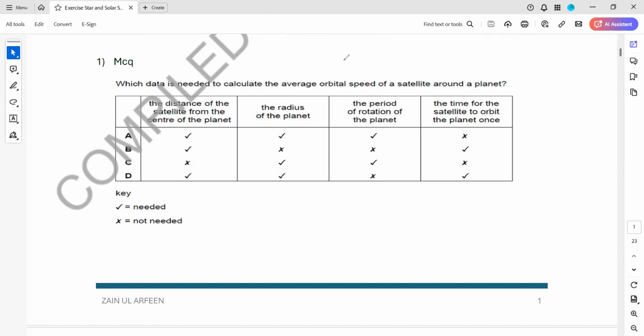So if we want the orbital speed, speed is equal to distance divided by time, and orbital speed is 2 pi r divided by t.